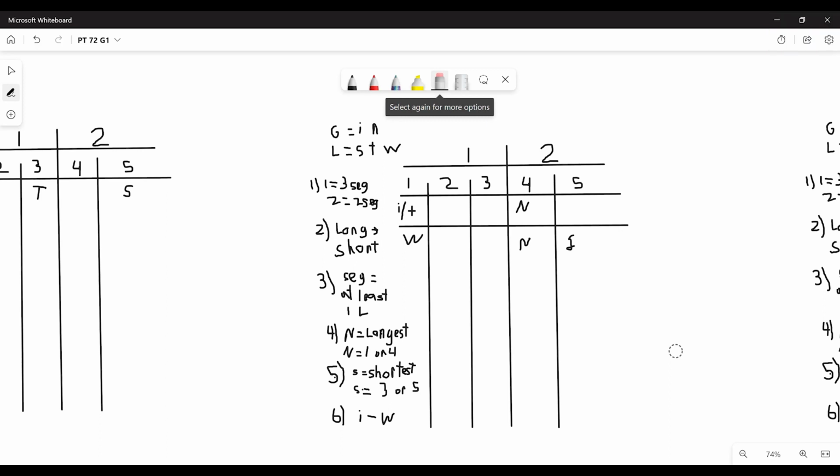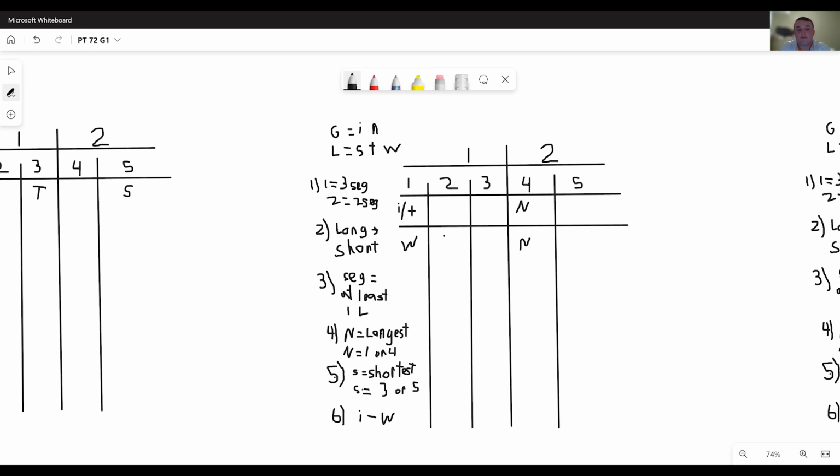Sorry, can you go over that last point one more time with the I and 5? So what I did is I know N is gonna be 4, that's what it states in the question. I'm gonna try to put W at 1.